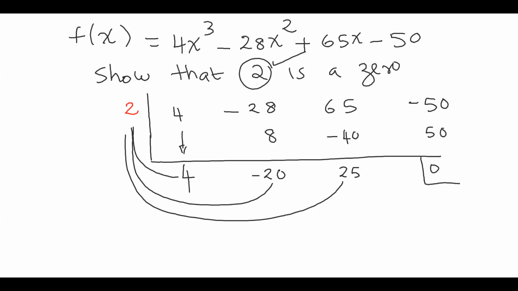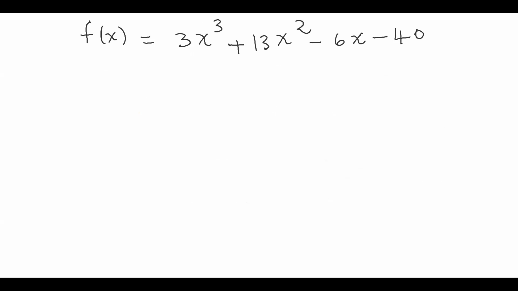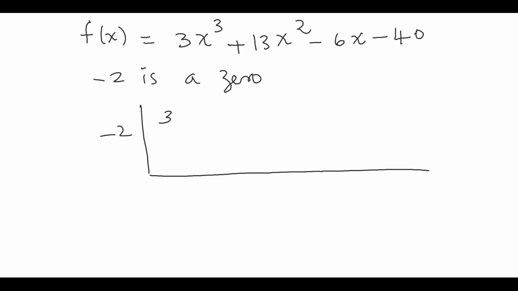Okay, let me show you another example. So I have f of x. Let's check if -2 is a 0. So we're going to do this by -2. Put the -2 outside, and the polynomial is complete, so you write the coefficients.